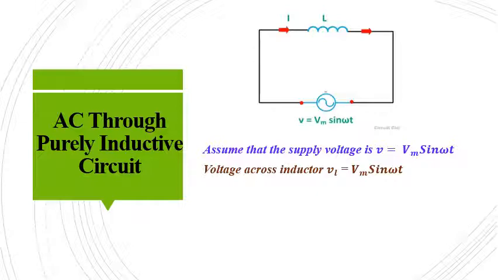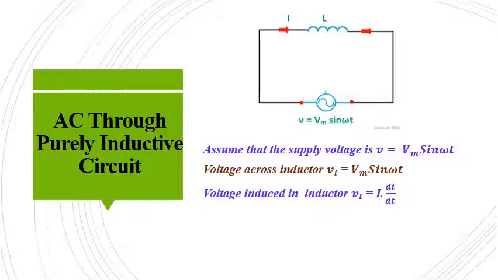Because the current is alternating, the flux produced will also be alternating. So the flux linked with the coil changes, and as a result an EMF will be induced in this coil. And the voltage induced in the inductor, that is VL, is given by L into di by dt. That is Faraday's law.